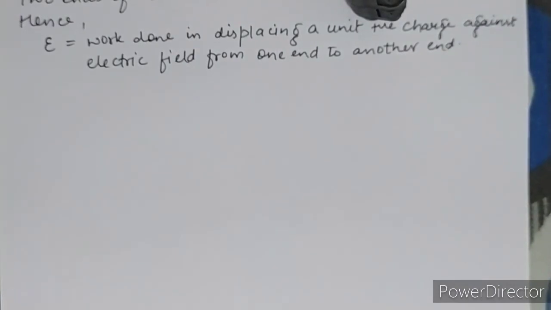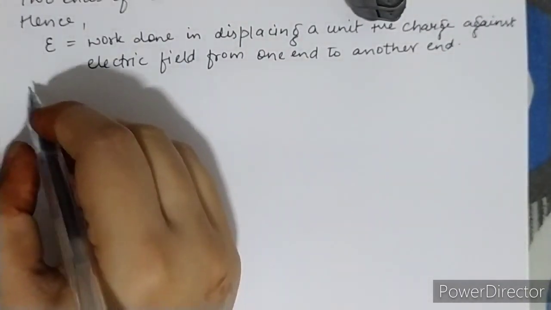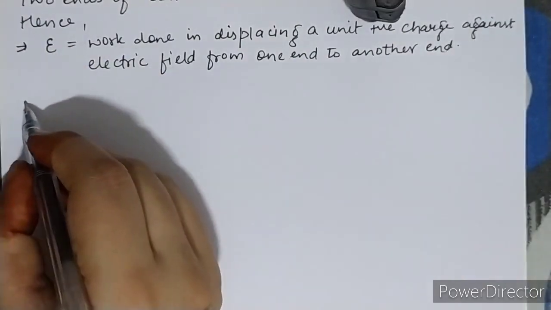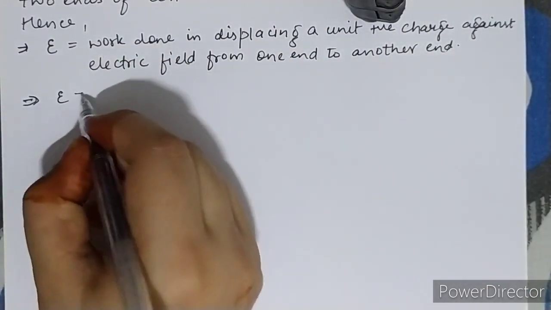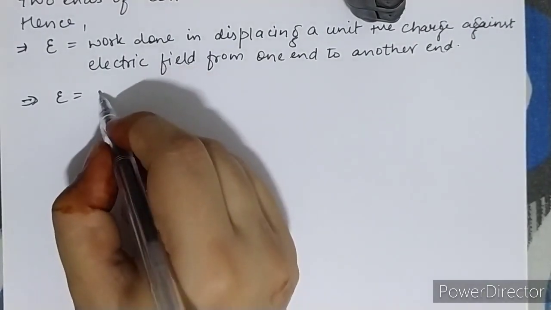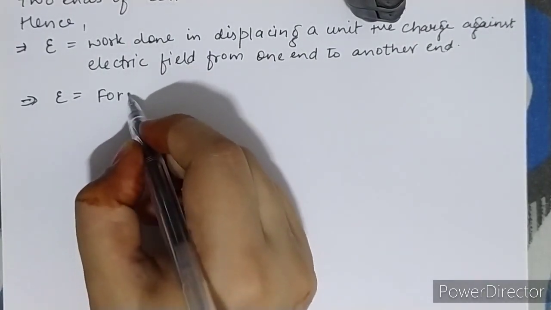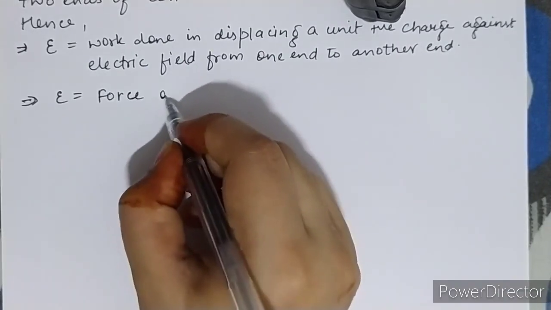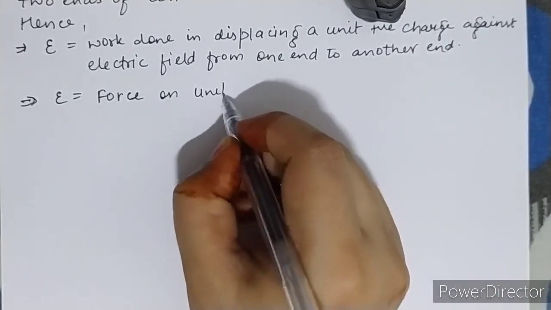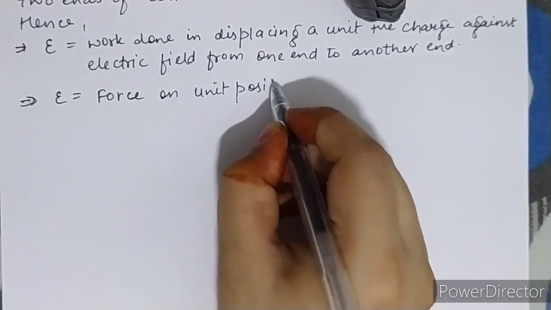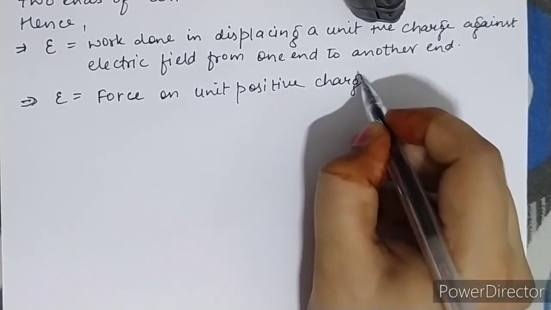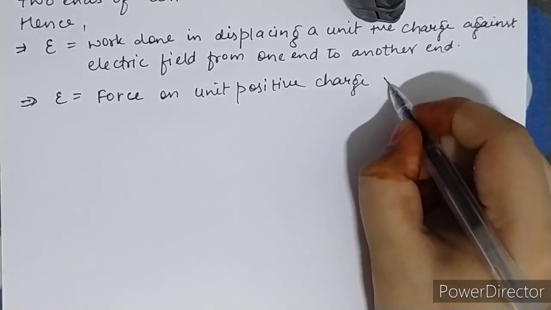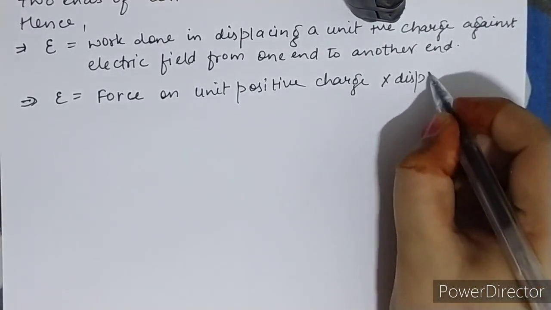So work upon charge, and the formula for the work is force into displacement. So remember, here I am just taking the unit charge, beta. The value of charge will be 1. So e is equals to force on unit positive charge into displacement.